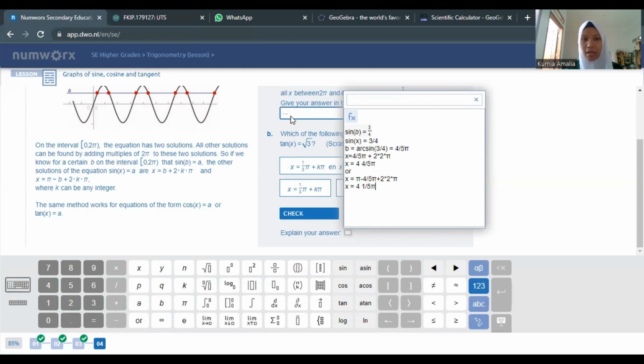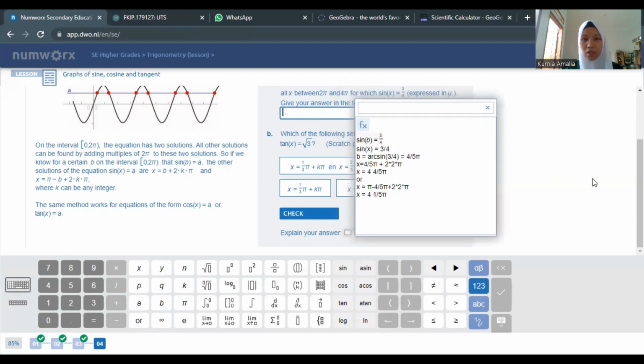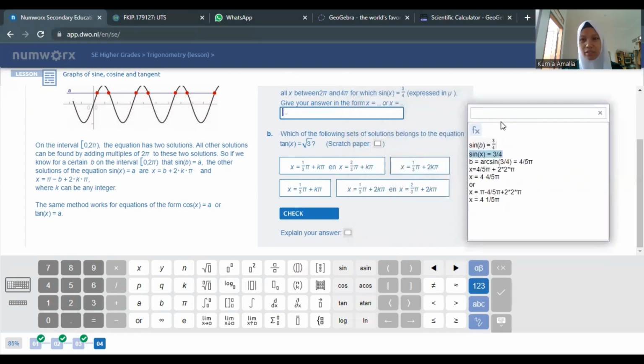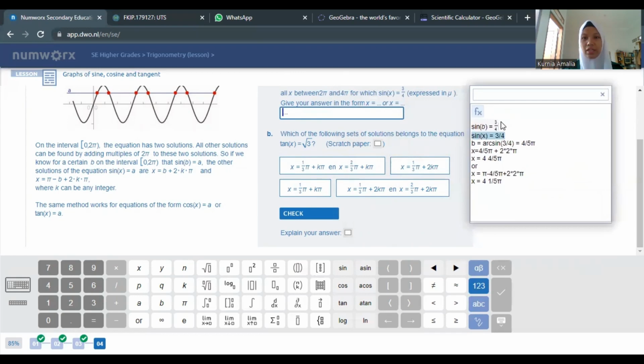But when I wrote it in the answer column, it was never marked as right. For me, the explanation that I know is this one, if we use this formula.